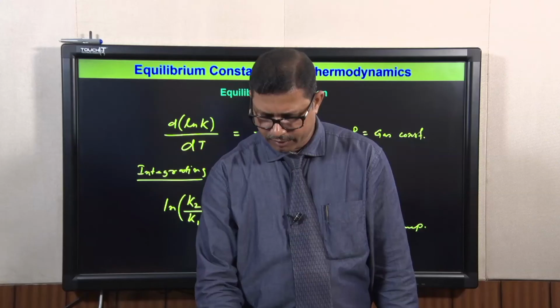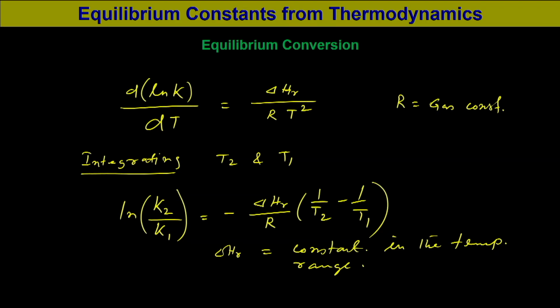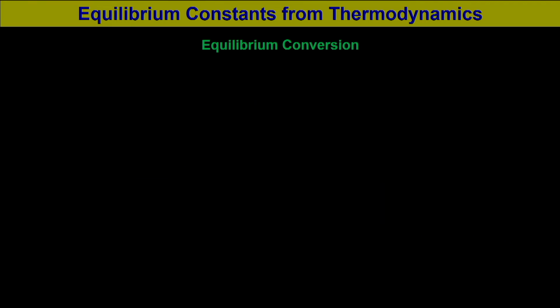Now, if there is variation of delta H r in the temperature range, that should be accounted for.